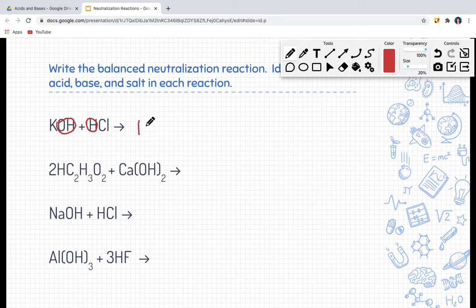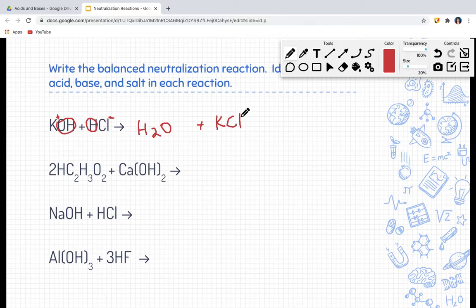I know that those bond together to form H2O. Then we have potassium and chlorine here. As a reminder, potassium has a +1 charge and chloride has a -1 charge. So when they bond together, they're just going to be KCl. We have one of each.